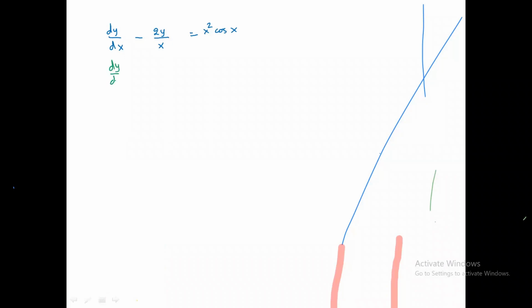I have dy/dx minus a function, let it be p(x), in terms of x multiplied to y. This is the function p(x) which is multiplied to y. And then I have another function q(x).